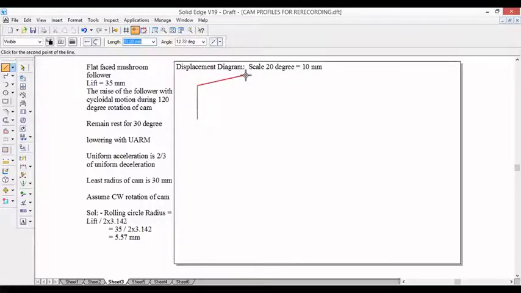We have taken the displacement diagram scale as 20 degrees equal to 10 mm. So for 120 degrees we will get 6 centimeters. I will divide the 6 centimeters into 6 equal parts. So the total length for 120 degrees will be 60 mm, and we are dividing this into 6 equal parts by taking 10 mm each.